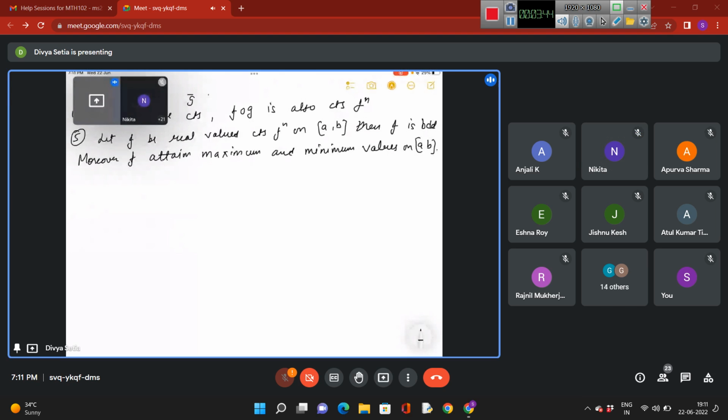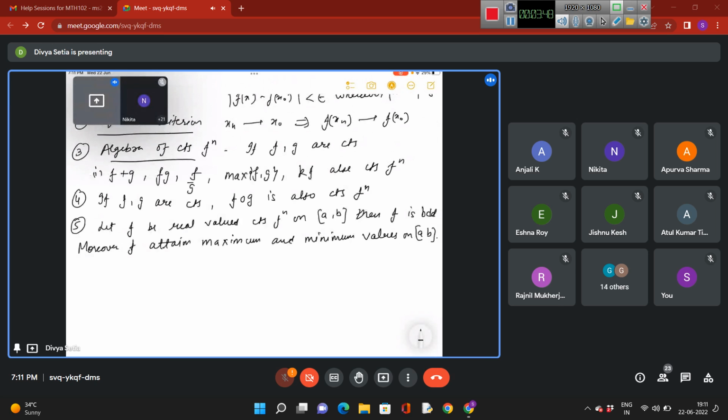Today we'll start with another important property of the continuous function. But first of all, let's spend 2 minutes on this fifth property. If we have a continuous function on a closed and bounded interval, here closed as well as bounded, both are necessary conditions.